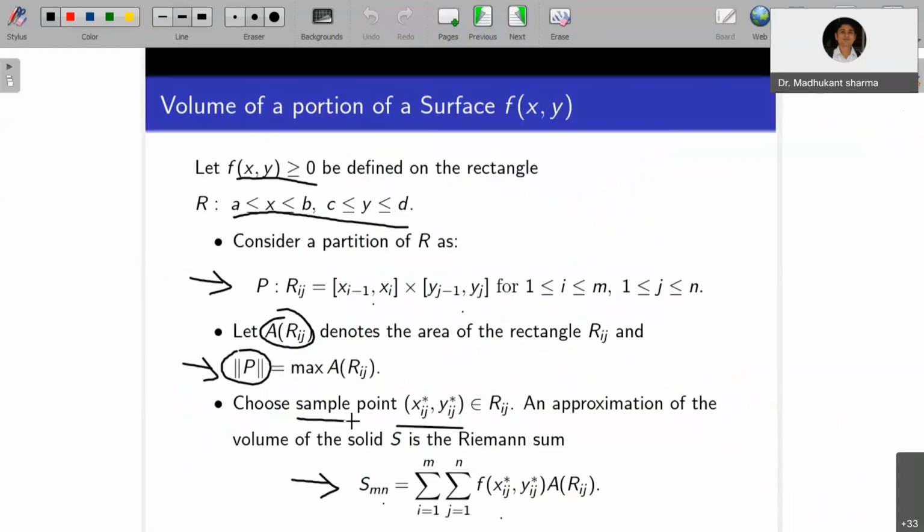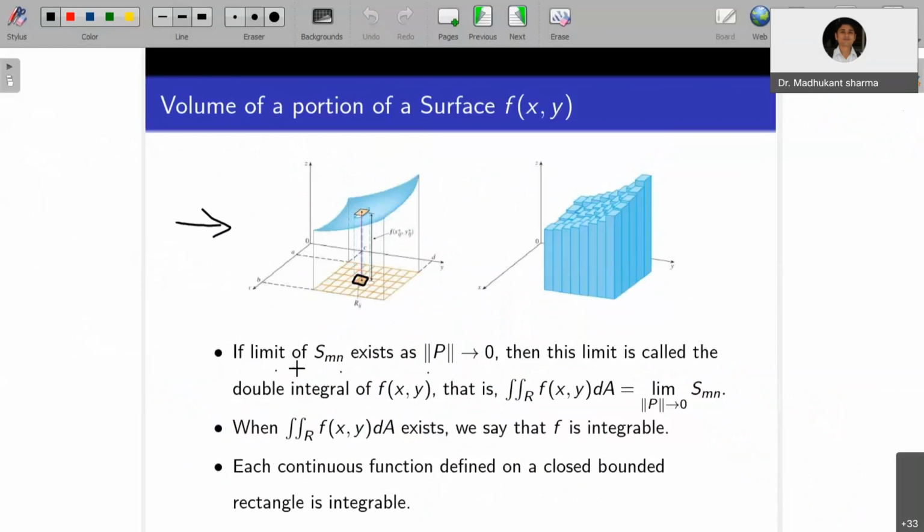Norm P is nothing but the maximum of that, so the area is tending to 0. Then this limit is called the double integral, and is denoted by this. Whenever this exists, we say that f is integrable.